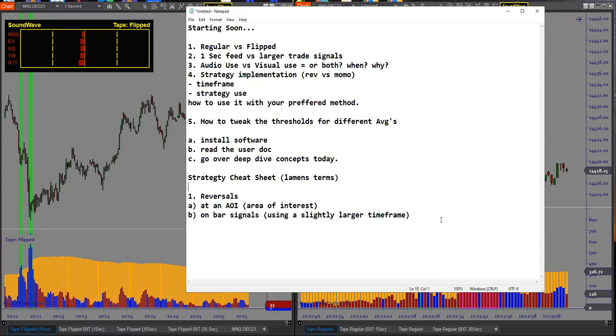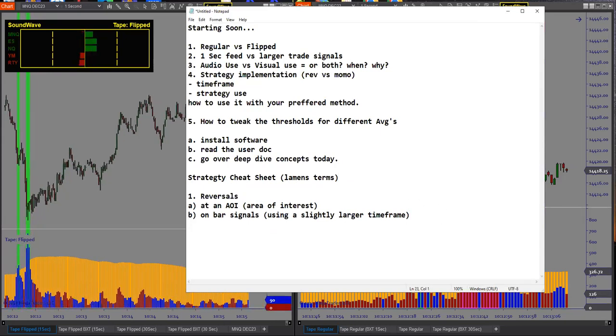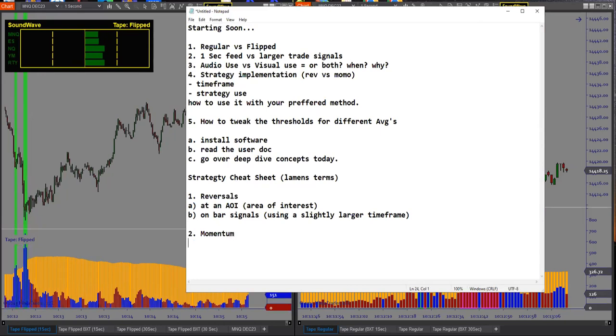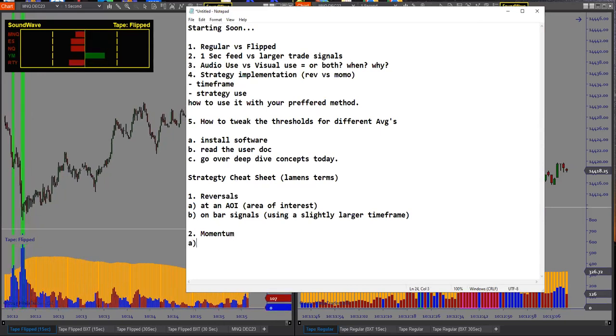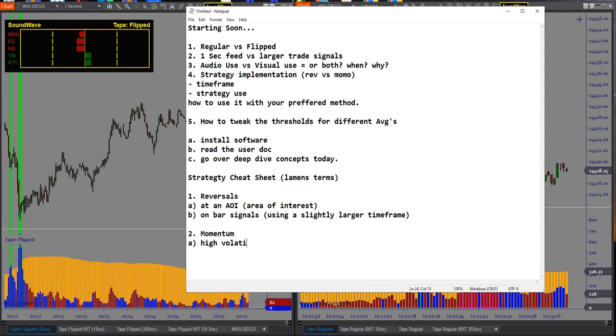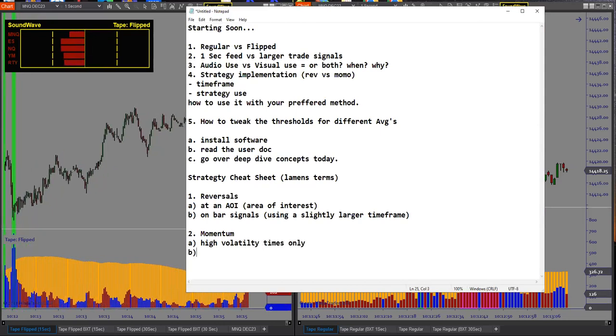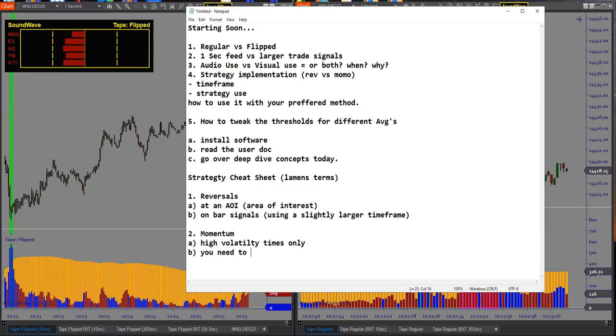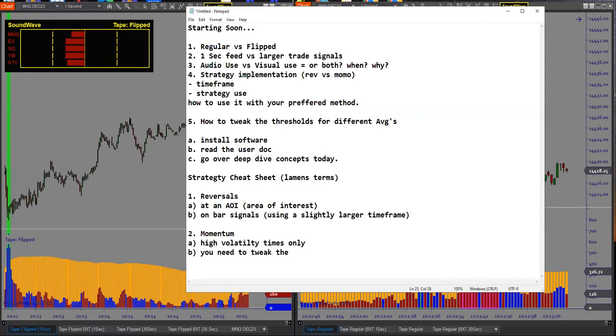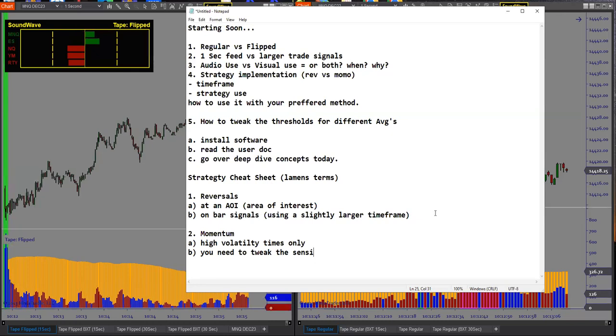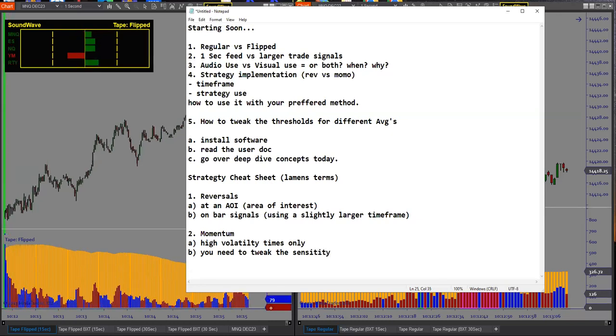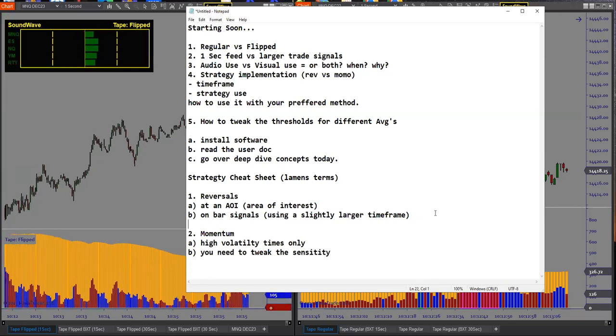Now, for momentum, you're going to be doing it at high volatility times only. B, you need to tweak the sensitivity. I would also say you should tweak the sensitivity here as well.